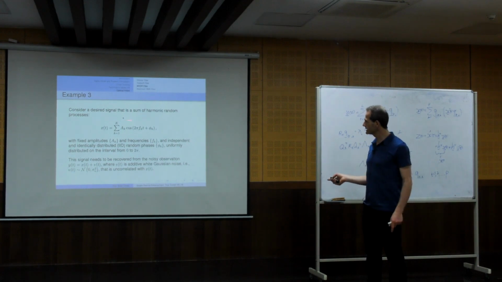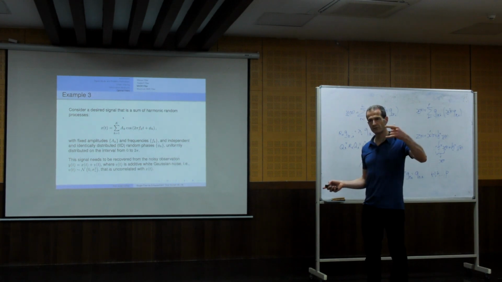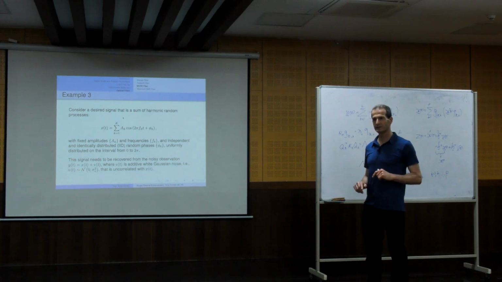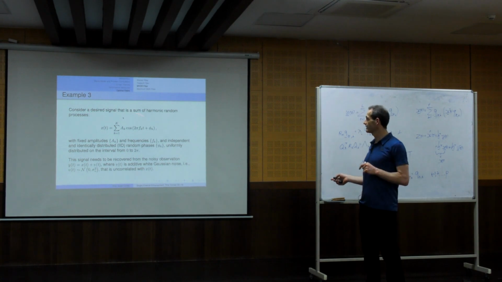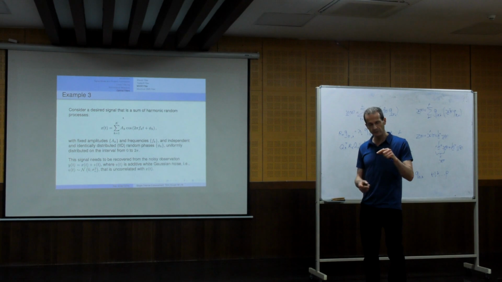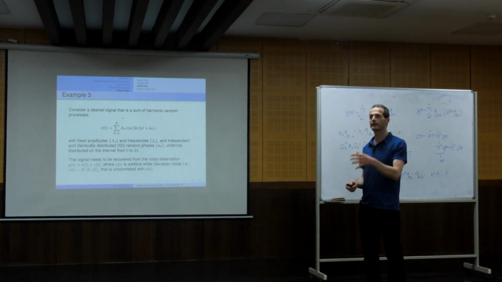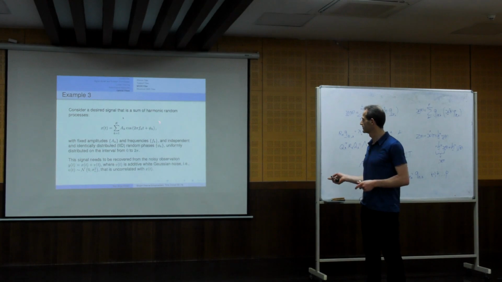So for each frequency, we need two eigenvectors, the cosine and the sine. So the rank of this vector, if we take a vector of length L samples, is 2K eigenvectors to represent a signal like this.